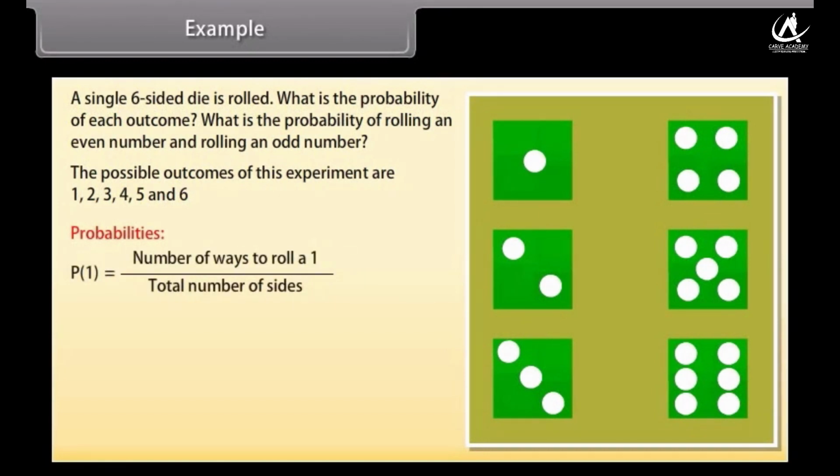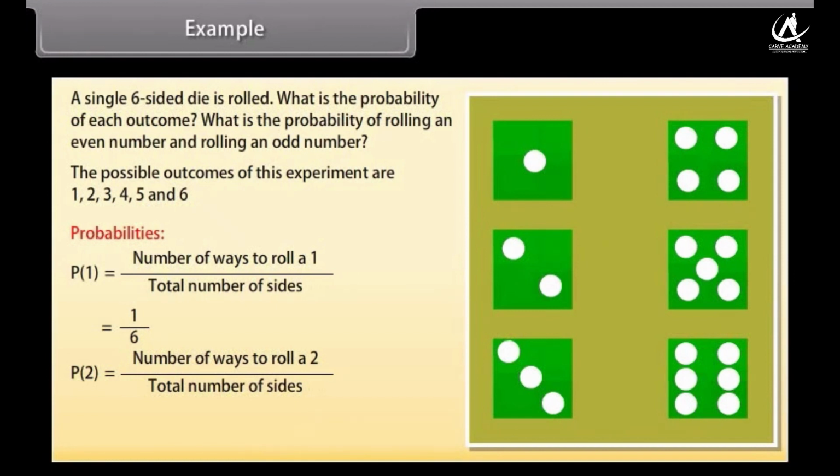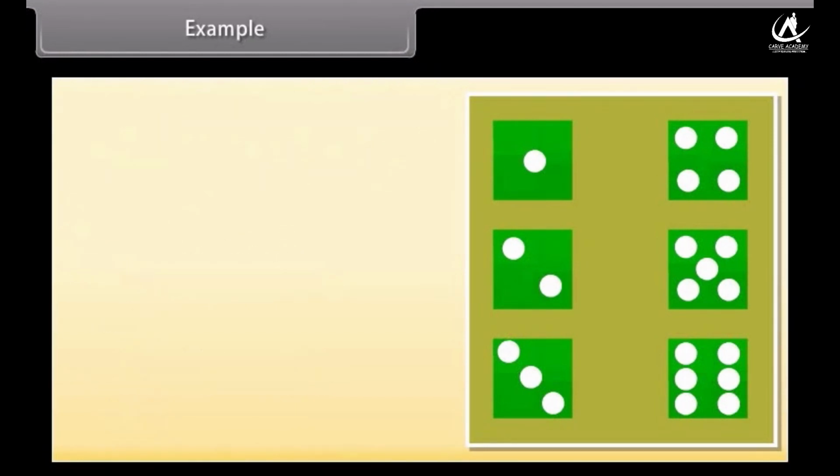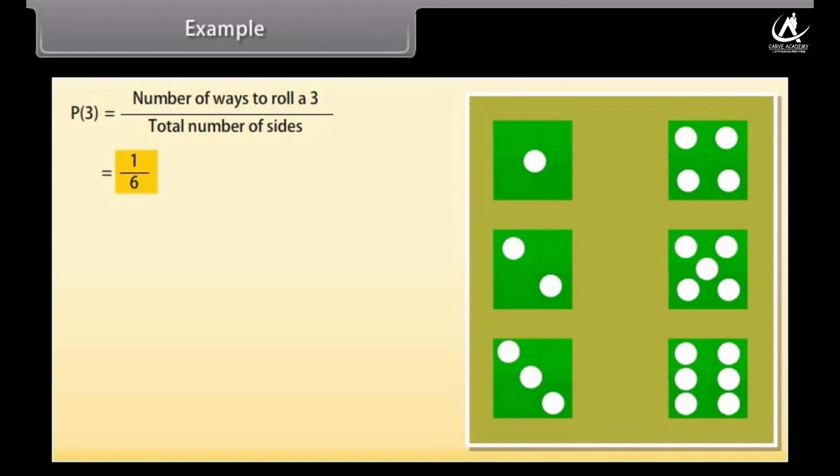Probability of 1 is number of ways to roll a 1 by total number of sides, which is equal to 1 by 6. Probability of 2 is number of ways to roll a 2 by total number of sides, which is equal to 1 by 6. Similarly, the probability of 3 is 1 by 6. In the same way, we will find the probabilities of 4, 5 and 6.